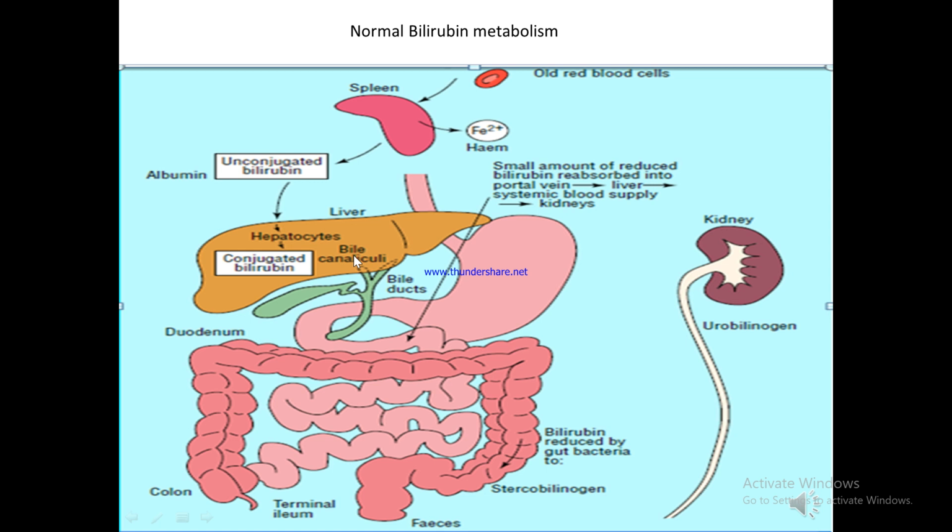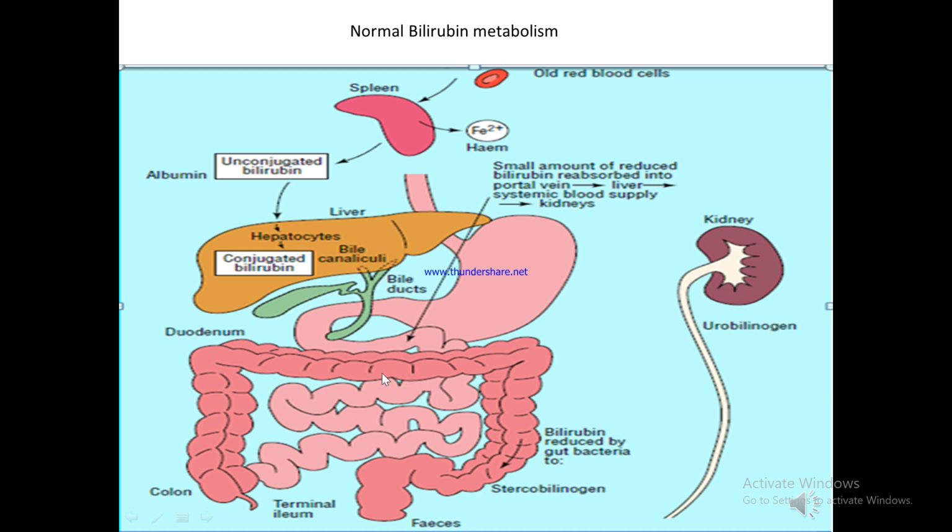Now conjugated bilirubin will be transported by bile ducts to the intestine. In intestine, a small amount of reduced bilirubin will be reabsorbed to the liver by portal vein and then returned to the systemic blood circulation and filtered by kidneys in order to excrete it in urine as urobilinogen.